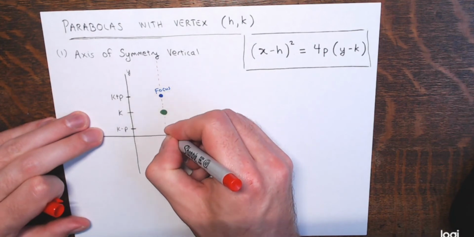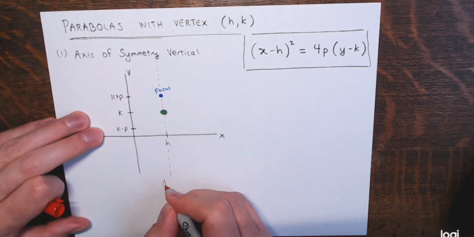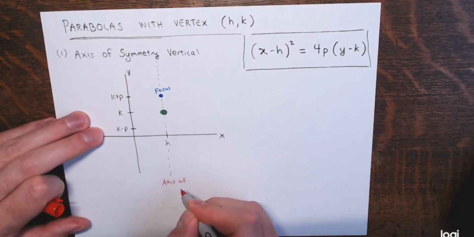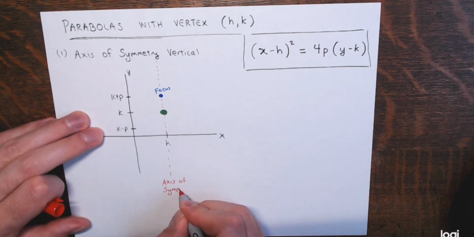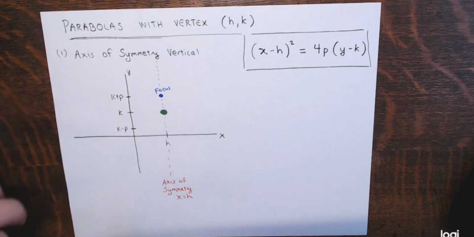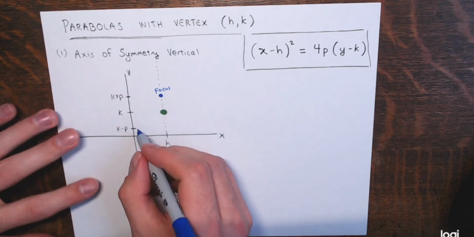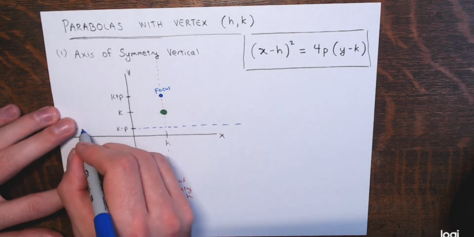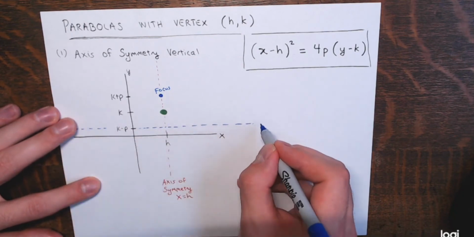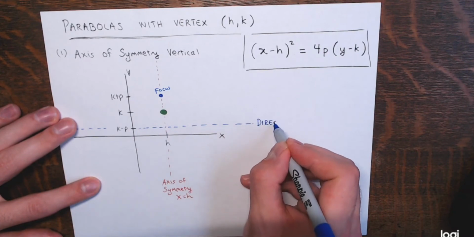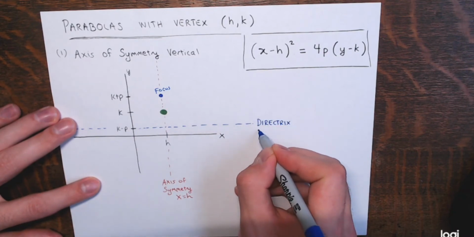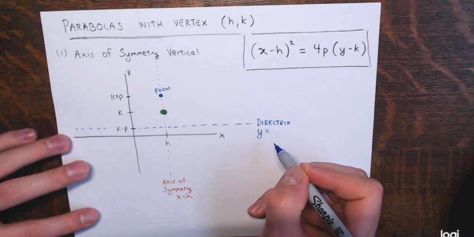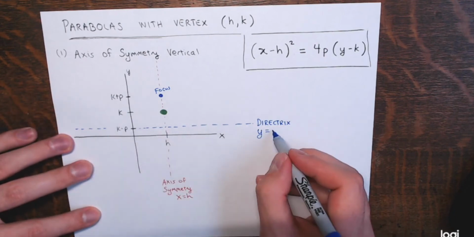I'll draw the axis of symmetry first. The axis of symmetry is x equals h, and the directrix is always perpendicular to this. So there's this directrix perpendicular to the axis of symmetry. And it's a horizontal line, so it's going to be y equals k minus p.